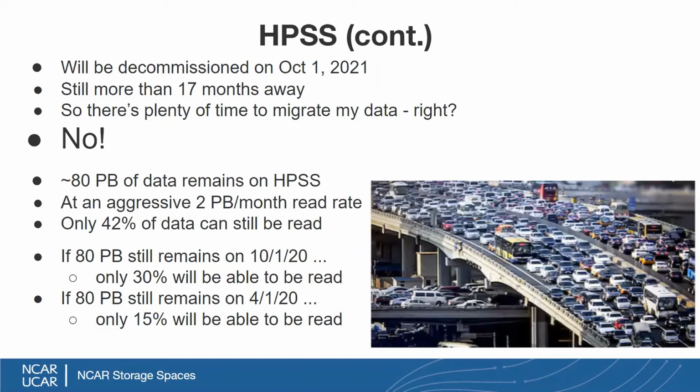To put that in a little bit more perspective: if the 80 petabytes still remains 1 year away from the shutdown date, only 30% of the data will be able to be read. And if we wait till 6 months out from the shutdown date, only 15% will be able to be read.